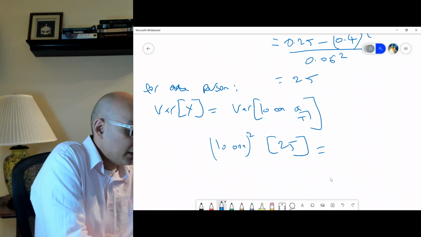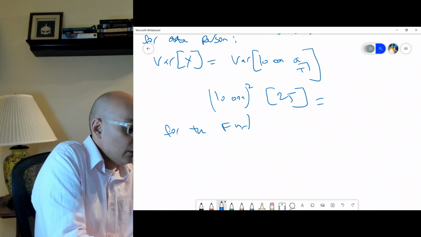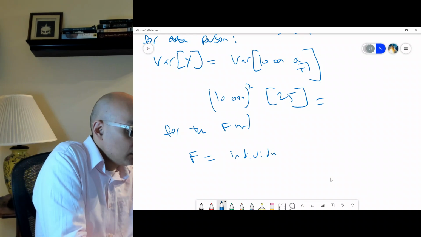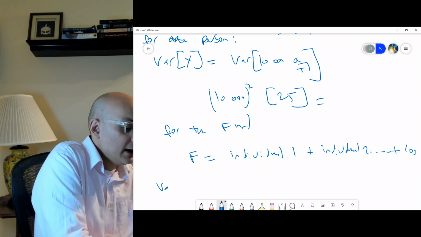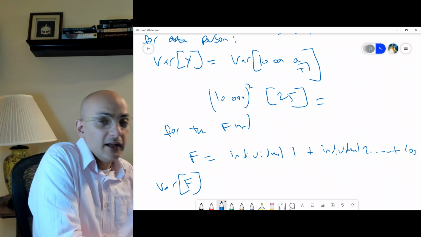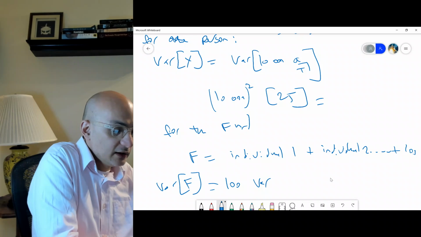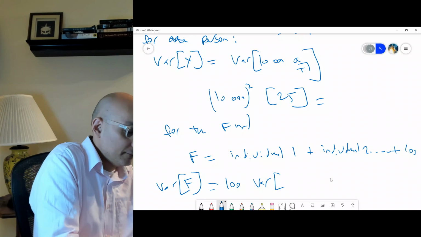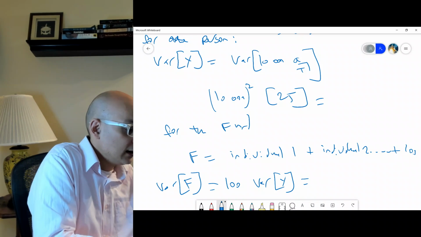Then for the fund, now F is equal to individual 1, 2, all the way to 100. So now if you take the variance of the fund, they are independent lives. Because they are independent lives, we have 100 lives multiplied by variance of Y. So now let's multiply it by 100 again.